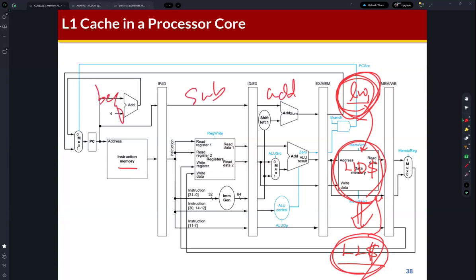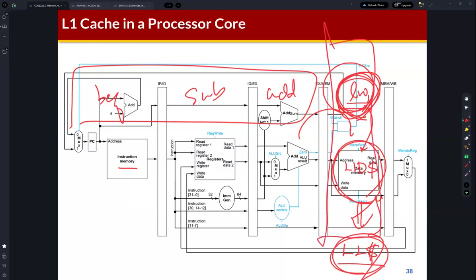Because the load instruction stays in the memory stage, the following instructions cannot be propagated to this memory stage, right? Because it's stuck. The load instruction is stuck in the memory stage, so the following instructions cannot be propagated. So this is the cache miss scenario.